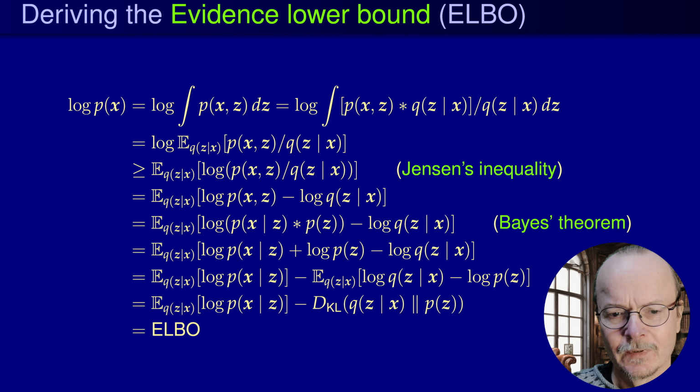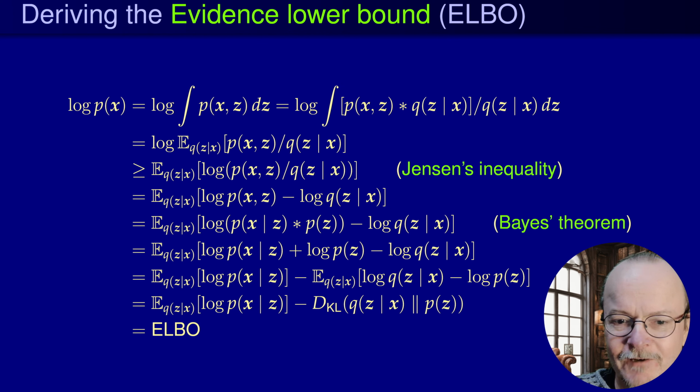Let's see. At the beginning is the log likelihood of the data, the intractable. We cleverly express the same thing by introducing a latent variable z and noticing that p of x is the marginal distribution of the joint distribution. Marginal distribution achieved by integrating over all possible z. Still, cleverly, we multiply and divide by a new conditional distribution q of z given x.